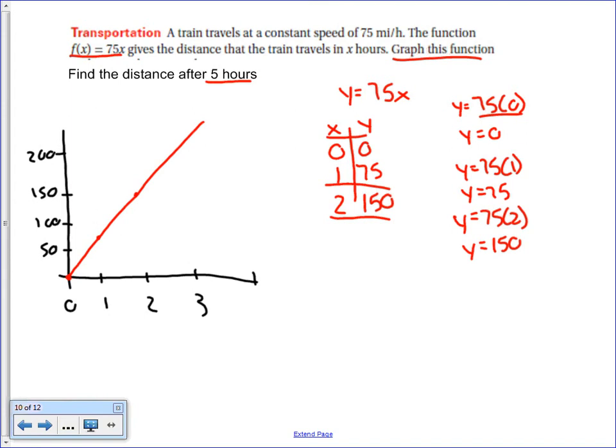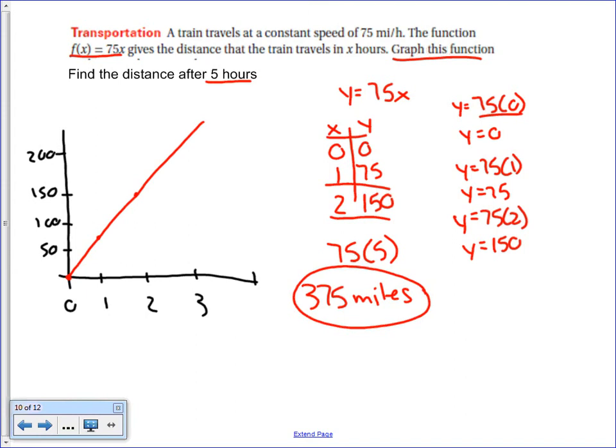So 75 times 5 will give me a y value of 375. And we are in miles, so 375 miles after 5 hours.